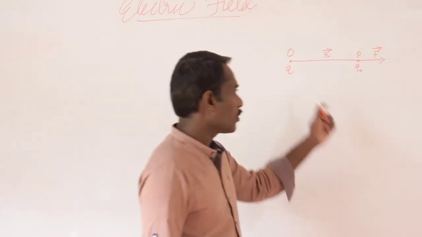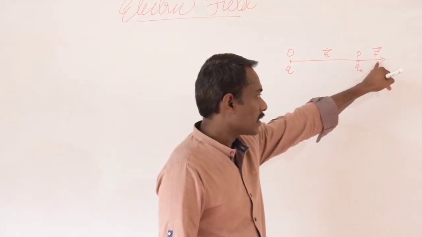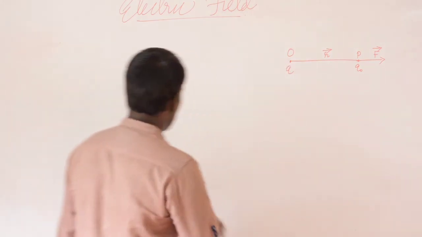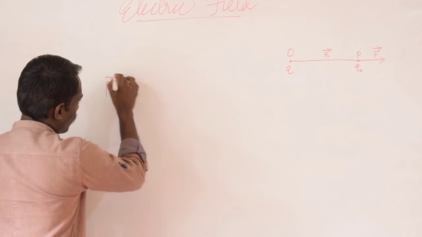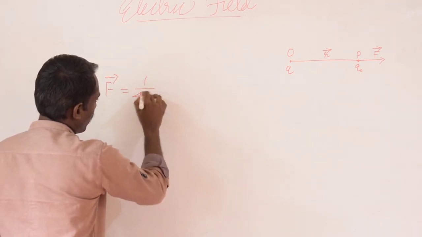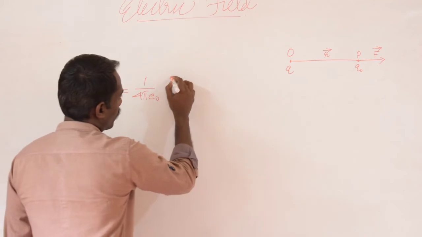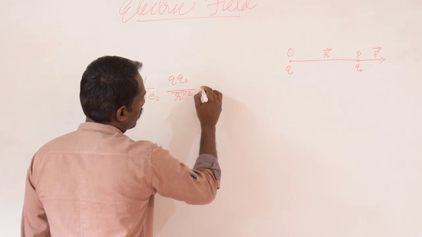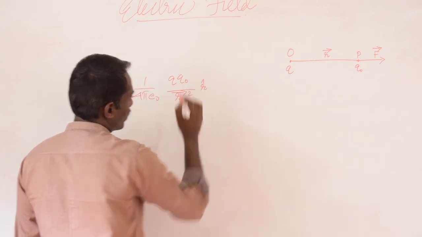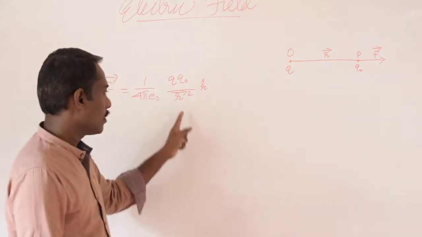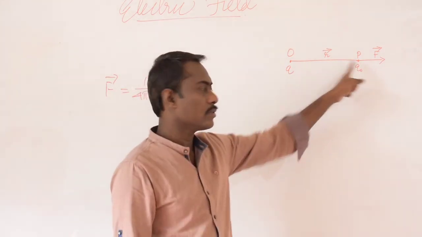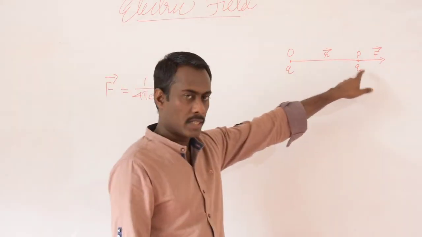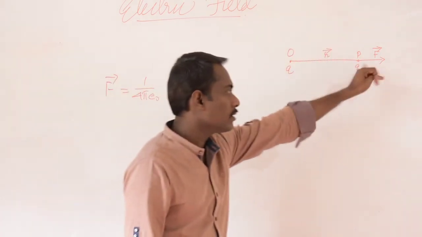As per Coulomb's law, the force F is equal to 1 by 4 pi epsilon 0 into Q into Q0 divided by r square, unit vector r, where r is the distance between the two point charges Q and Q0 placed at the points O and P.